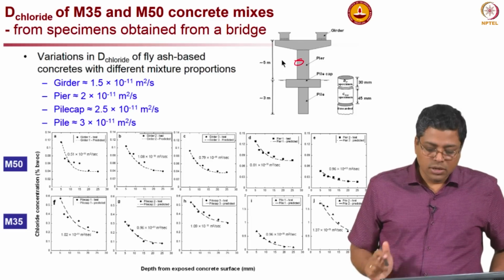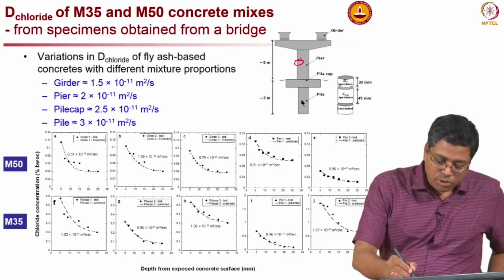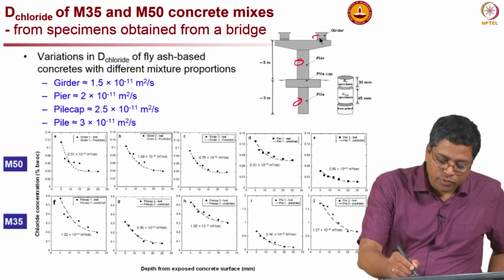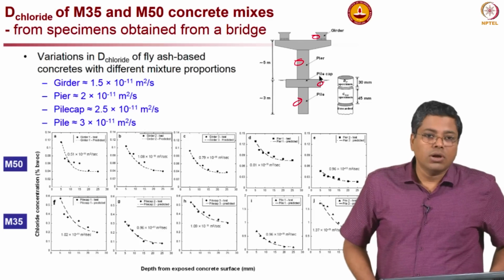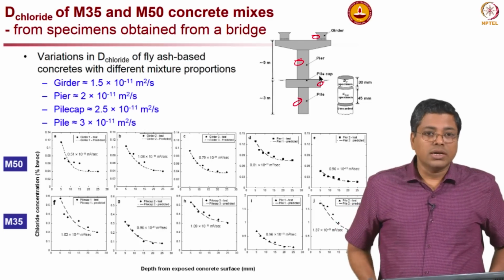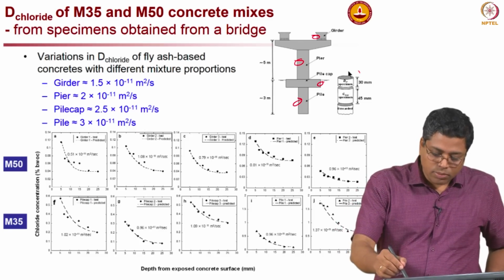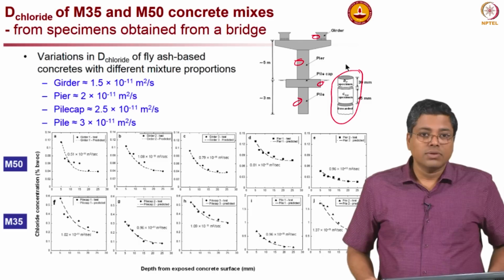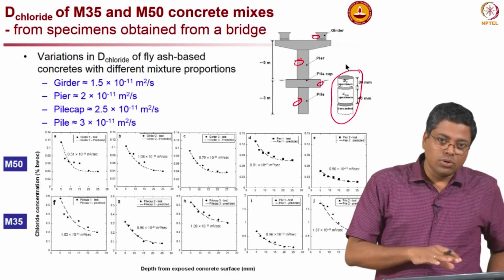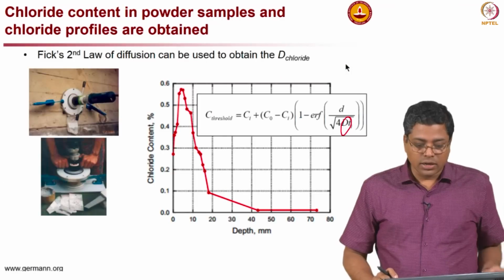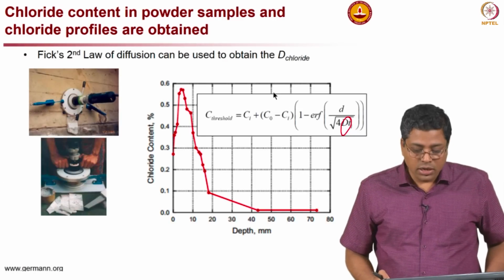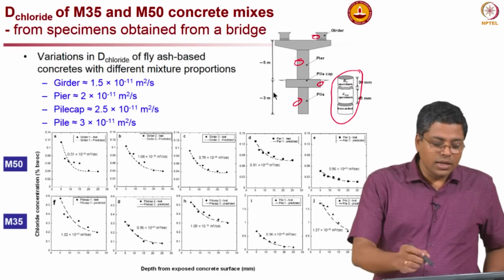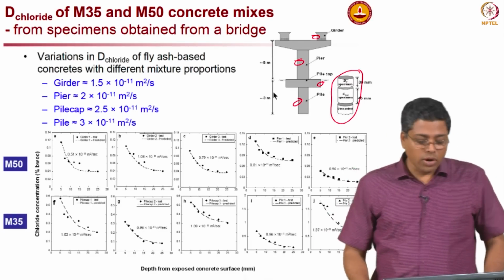If you are talking about a pile, you can core from here, you can core from the girder or even the pile cap, whichever structural element you are talking about. Then you do the same test which I talked about earlier: immerse in the chloride solution, then do the grinding and determine the chloride profiles.